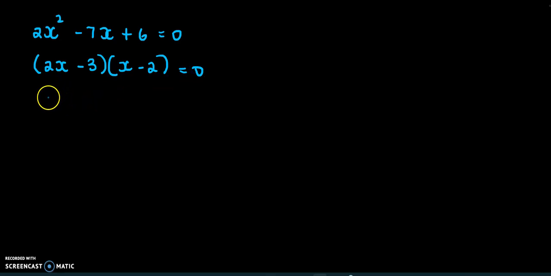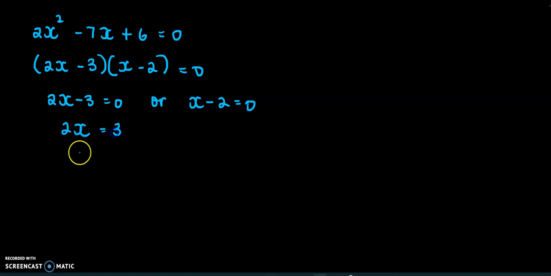So again, this is 2x minus 3 is equal to 0, or x minus 2 is equal to 0. So you're going to get 2x is equal to 3, x is equal to 3 on 2, or x is equal to 2. So either x is equal to 3 on 2 or 2.